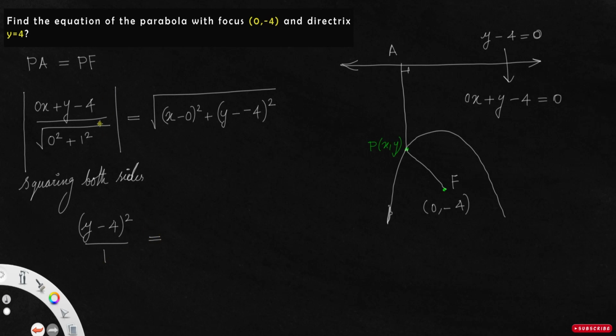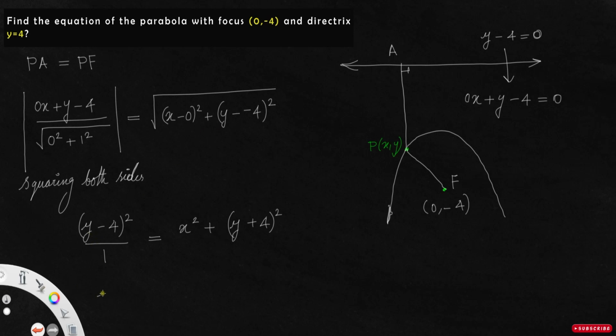Since there is a square, the numerator will get a square. For the denominator also, this square root and square will get cancelled. I can remove this square. So x minus 0 square is x square itself, plus y minus of minus 4 is y plus 4. Since while squaring, this root will get removed.